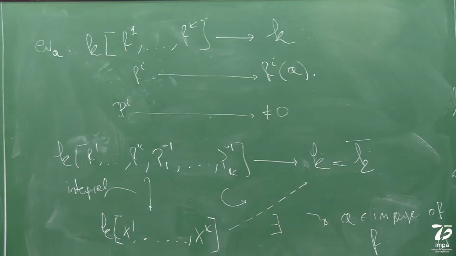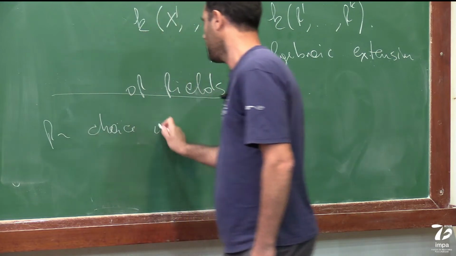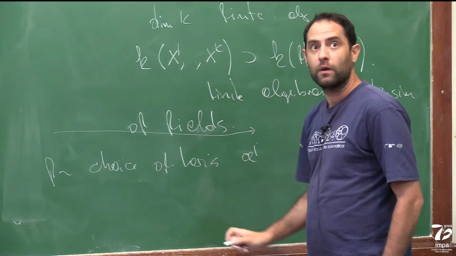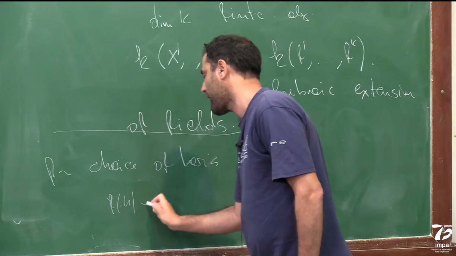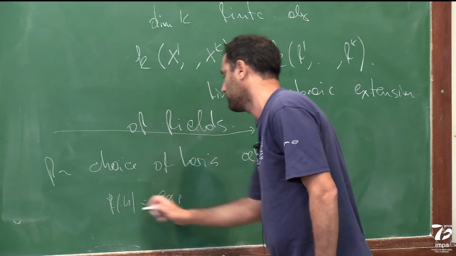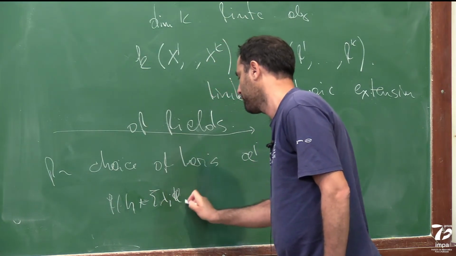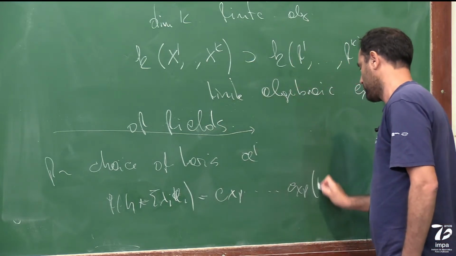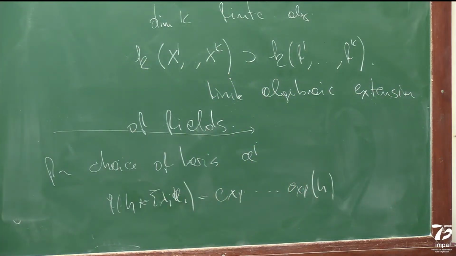To construct this map F, we made the choice of a basis ai, to write every element, and then write F of an element h to be the exponential of an element of the form h plus the sum of lambda i ai, to be a product of exponentials applied to h. But after the fact, the theorem is beautiful.